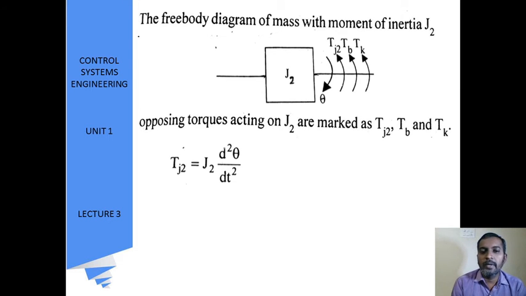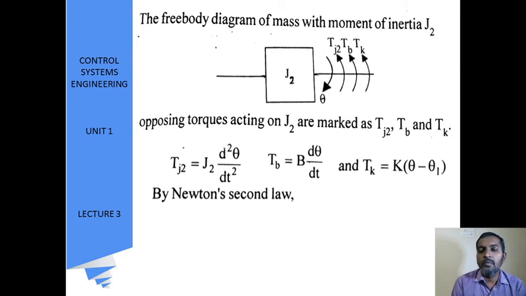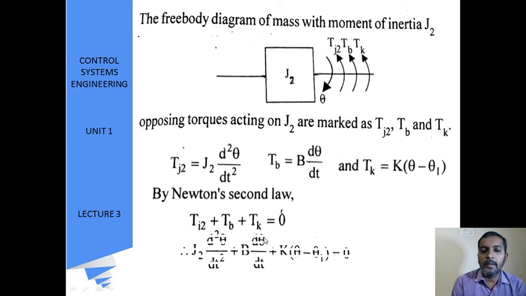Therefore Tj2 can be written as J2 into d square theta by dt square, Tb can be written as b into d theta by dt, and Tk can be written as k into (theta minus theta 1). By Newton's second law, since we have not applied any force, the applied force is equal to 0. So 0 is equal to Tj2 plus Tb plus Tk.